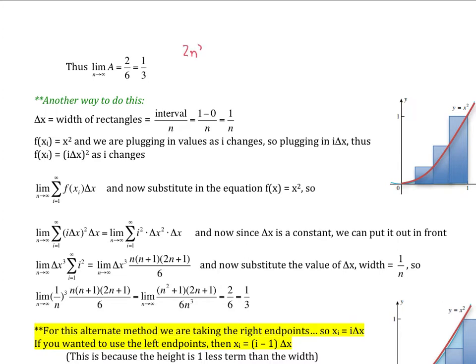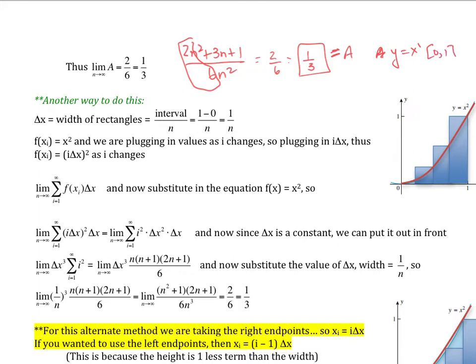I had 2n squared plus 3n plus 1 over my 6n squared. The limit as n goes to infinity, remember we're just going to take a look at these large coefficients, and that gives me 2/6, which is 1/3. So this is the exact area underneath that curve from 0 to 1, where y equals x squared. From 0 to 1, that is the exact area underneath the curve.